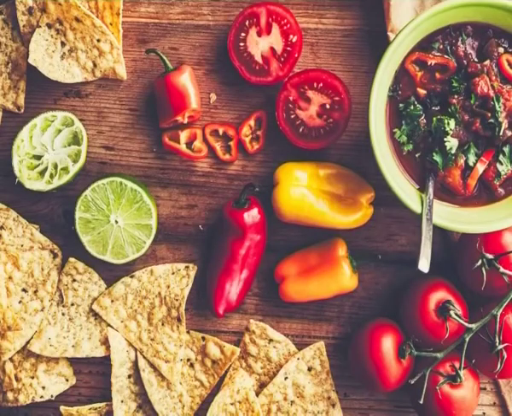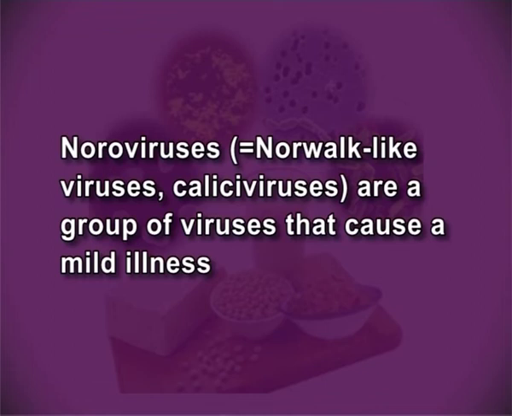Viruses account for most food poisoning cases where a specific contaminant is found. Noroviruses, which are commonly called Norwalk-like viruses or caliciviruses, are a group of viruses that cause a mild illness.